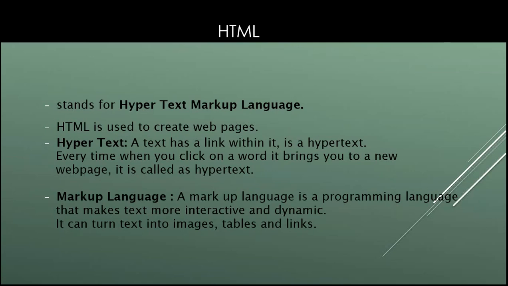So HTML comes with these two features. When we click on any word, image, table, or hyperlink, we can redirect the request to any other web page. So this is the basic idea of hypertext and markup language.